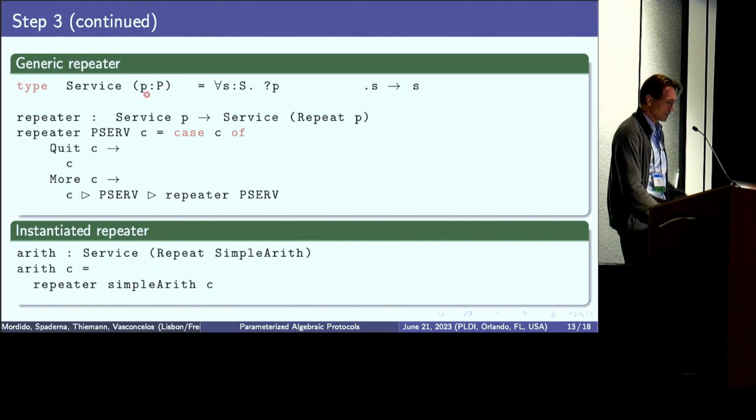Service over P is just for all continuation sessions, receive some P and S to S. That's the definition of a service function that services the protocol P. And now the repeater, with this synonym, gets a nice type, namely service of P to service of repeat P. Implementation as on the previous slide, and also the use is just as we saw before.